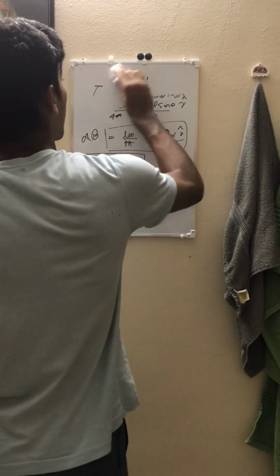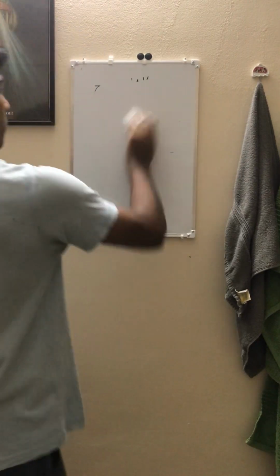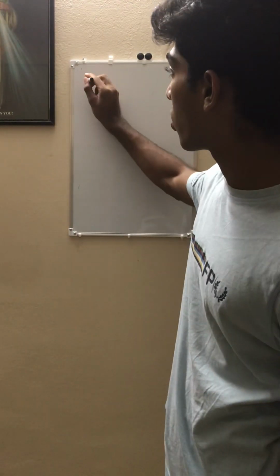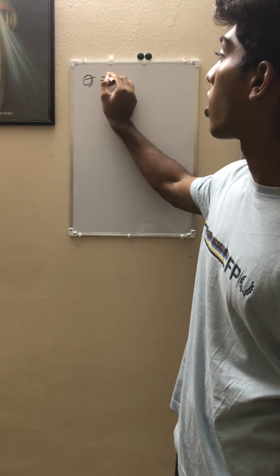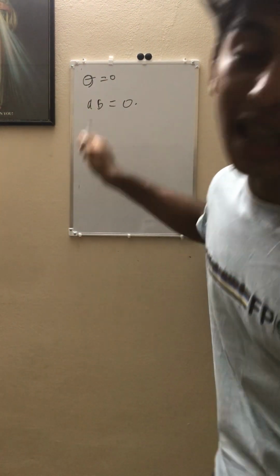Okay. We got some special cases. Let me ask you a question. What is sine 0? It is 0, right? So when theta becomes 0, can I say that dB is equal to 0? That is, the magnetic field becomes the least when theta becomes 0.